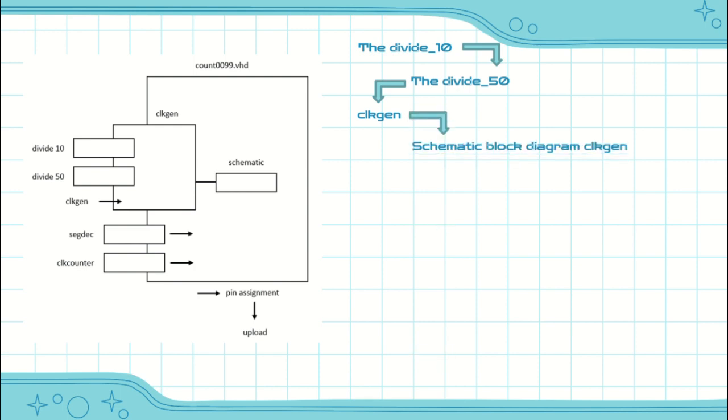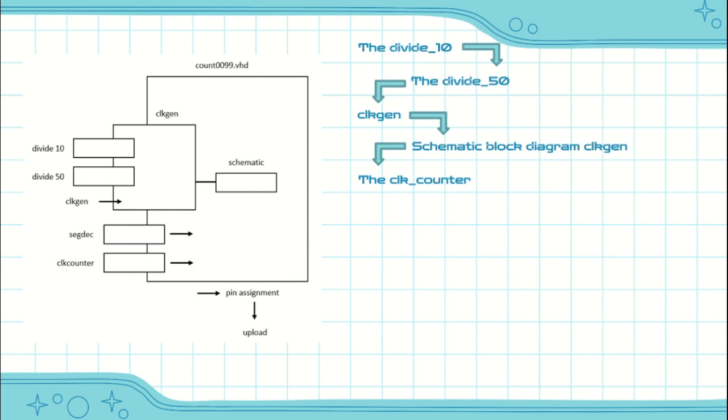Okay, the next step is to compile together the clock gen, the divide 10 and the divide 15 into the schematic block diagram of the clock gen. The schematic block diagram is designed by referring to the figure that is provided in the lab sheet.